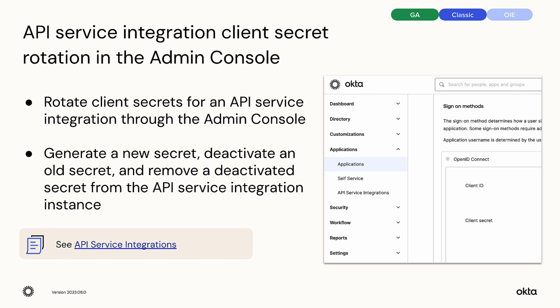There was no option to revoke the client secret while maintaining the client ID and API service integration instance in Okta. With this new feature, customers can generate a new secret, deactivate an old secret, and remove a deactivated secret from the API service integration instance. These functionalities help customers implement security best practices without service downtime.